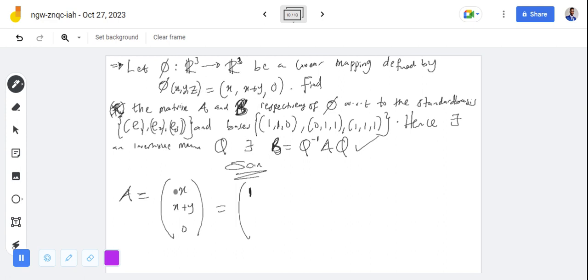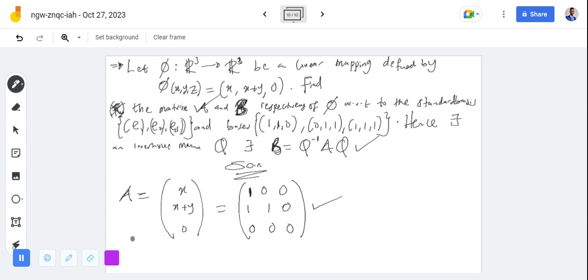So I have x only here. There is no y, there is no z. In this place, I have x as 1, y is 1, but z is nowhere to be seen. Here, we do not have anything. That means x is 0, y is 0, z is also 0. So this is the matrix A that we were actually looking for.